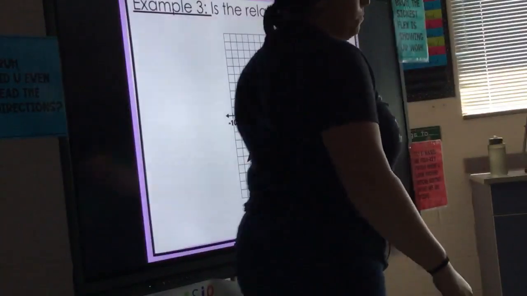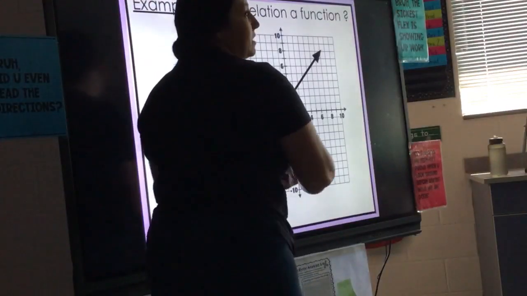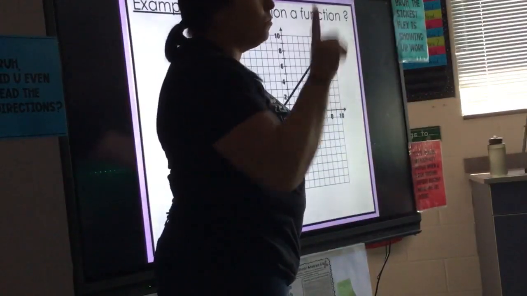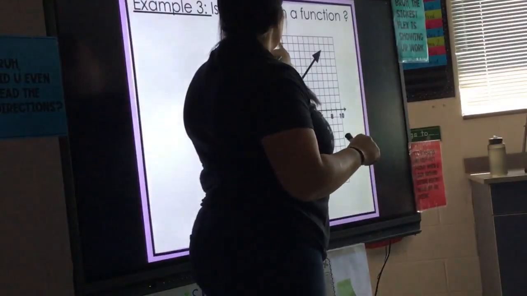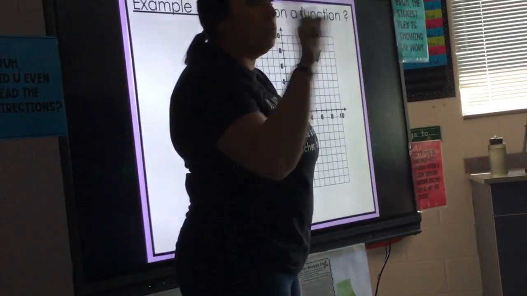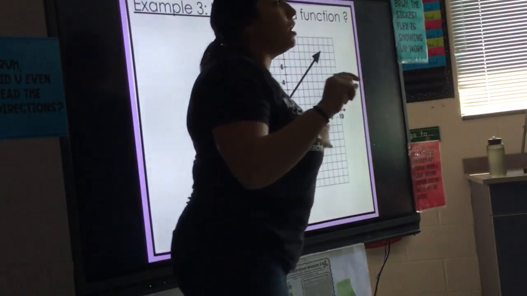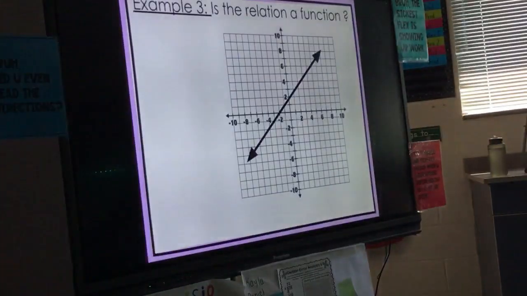If you drew a vertical line from here to here, how many times does it intersect this line? One time, right? If I draw it from here to here, how many times does it intersect that line? One time. Over here, one time. So, using the vertical line test, we know that this is a function, okay?